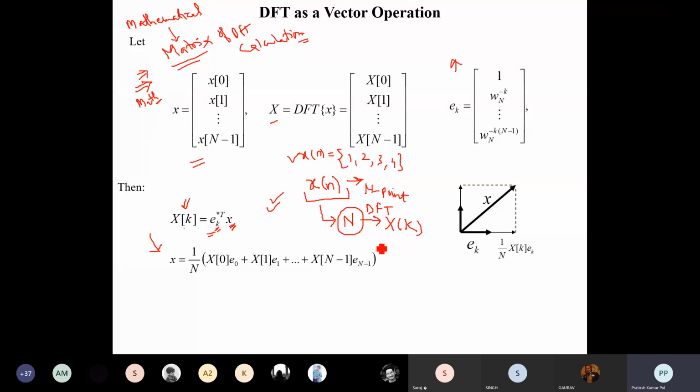Similarly, we will be calculating 2 point or 4 point or 8 point. Always the DFT calculation takes place in the form of 2 to the power r, where r is some constant.